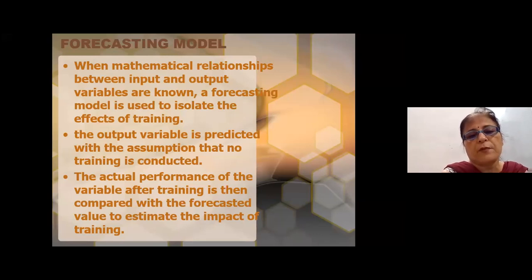The output variable is predicted with the assumption that no training is conducted, and the actual performance of the variable after training is then compared with the forecasted value to estimate the impact of the training. Actually, the trend lines and forecasting model are not very different. They are similar, but in the forecasting model, it is more mathematical relationships. Like you try to calculate everything in terms of monetary benefits.